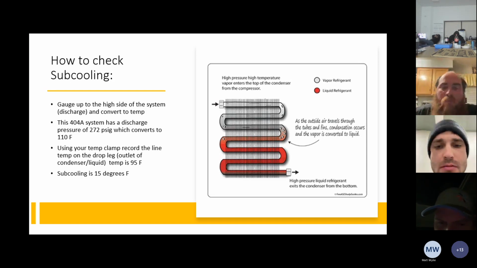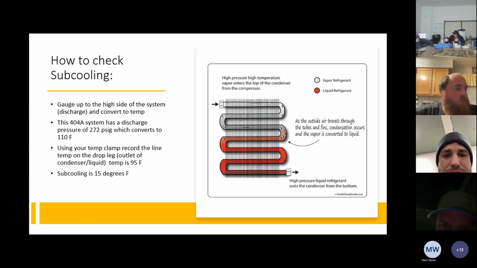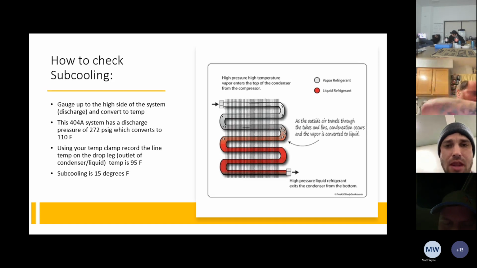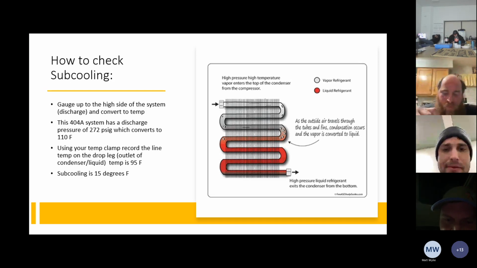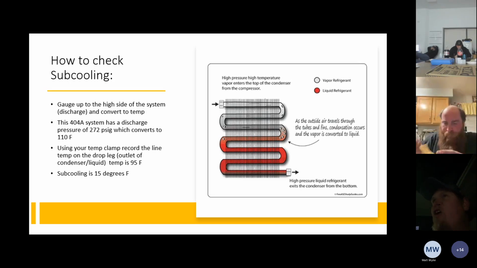Mm-hmm. Laren, you asked the question. Do you have an answer in your mind that wasn't answered by anyone? Well, no, but to Dylan's point, what I've been thinking is that usually with cap tubes, your metering device determines what you need to go by. So when you're charging a critical system, if I have a receiver system, it's not critical.